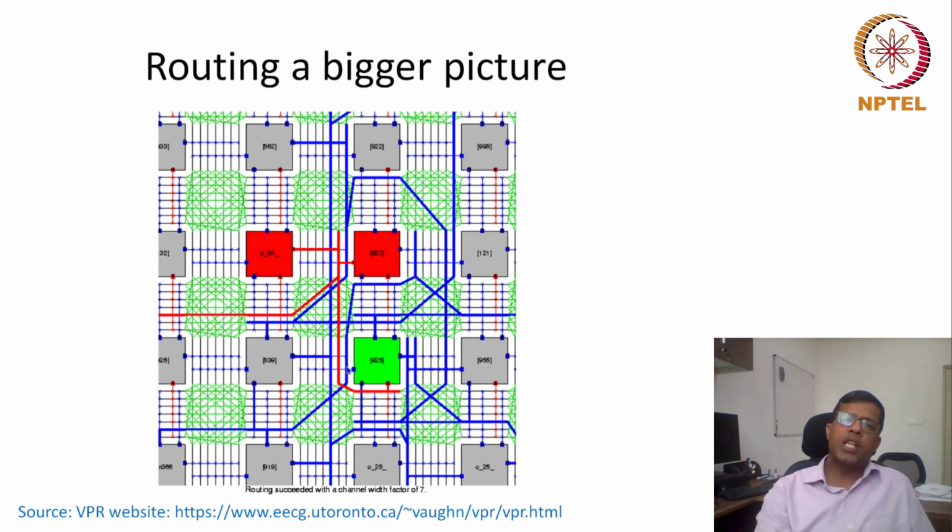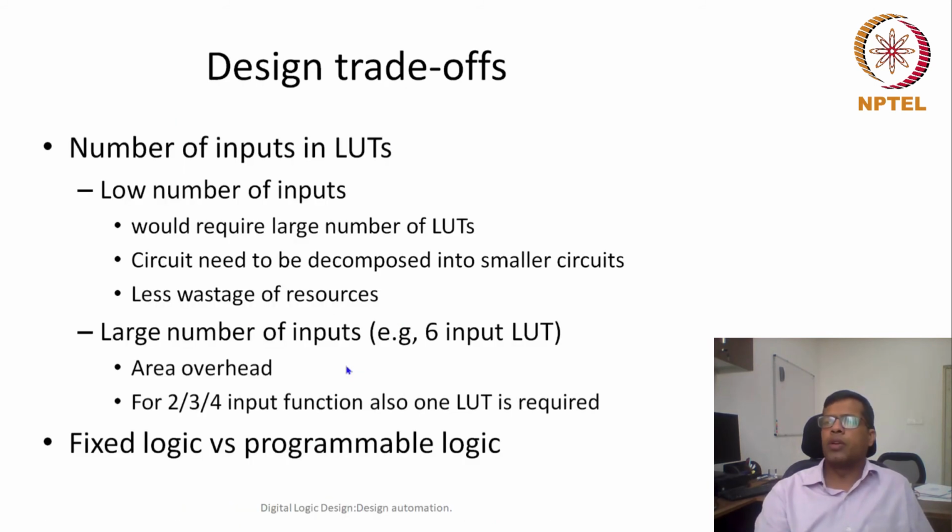Now, if we would like to design our own FPGA, or whenever somebody would like to design an FPGA, there are various issues which he has to think over. The first design question would be how many inputs the LUT should have. So should it be low in number?